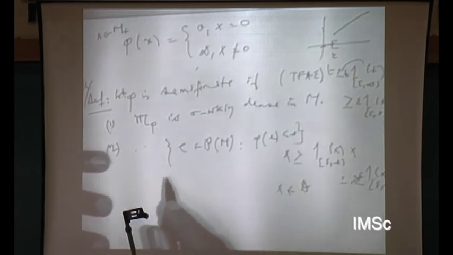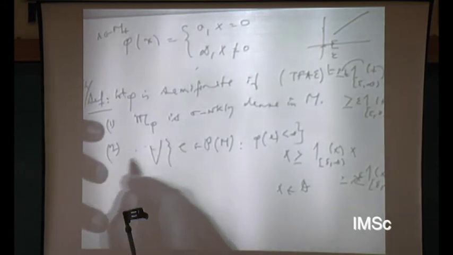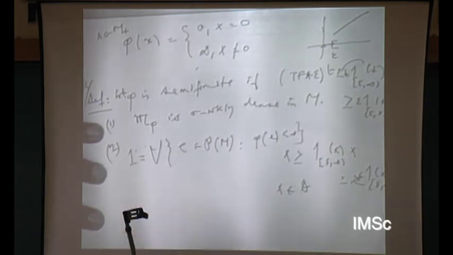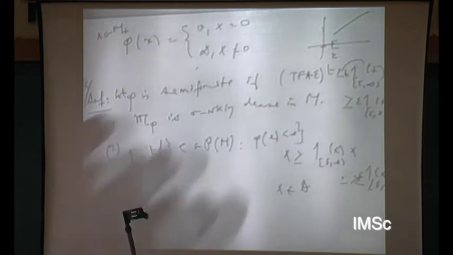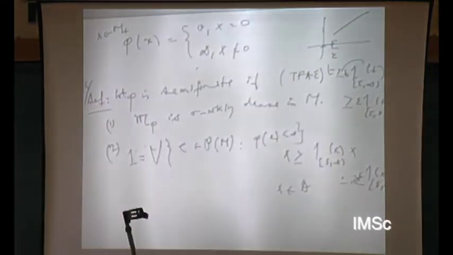So to say that there are enough such finite things is the same as saying the sup of all these things is one. This is like saying the sup of all sets of finite measure is the whole space.